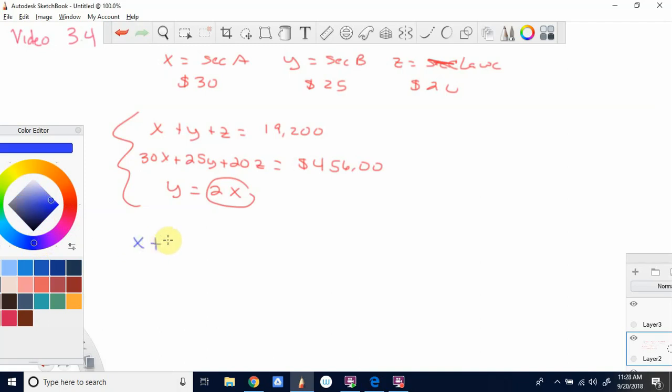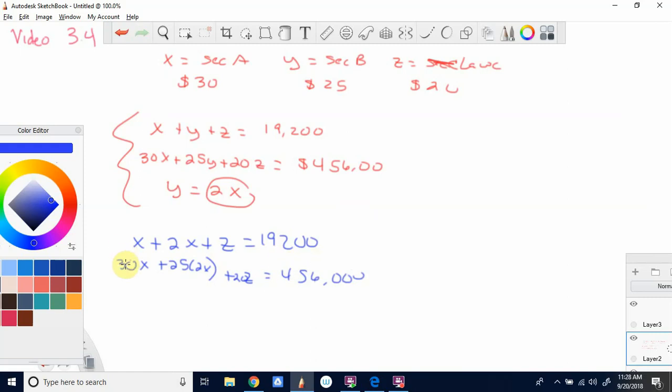So we get X plus 2X plus Z equals 19,200. 30X plus 25 times 2X plus 20Z equals 456,000.